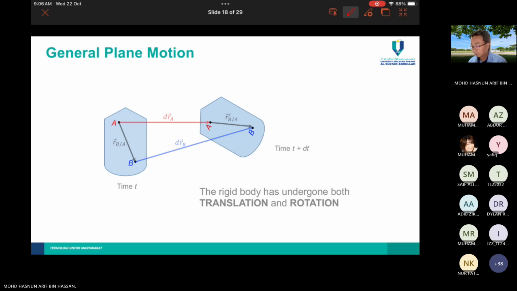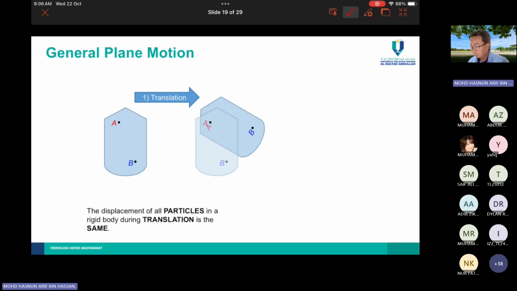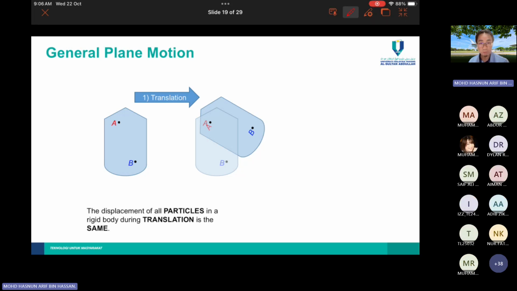Okay. Now, let's visualize the motion. So first, the object undergoes translation. Let's repeat that. First, the object undergoes translation. In translation, we have learned about translation in the previous class. The displacement of every particle on the body, which is now we're talking about A and B, is the same.